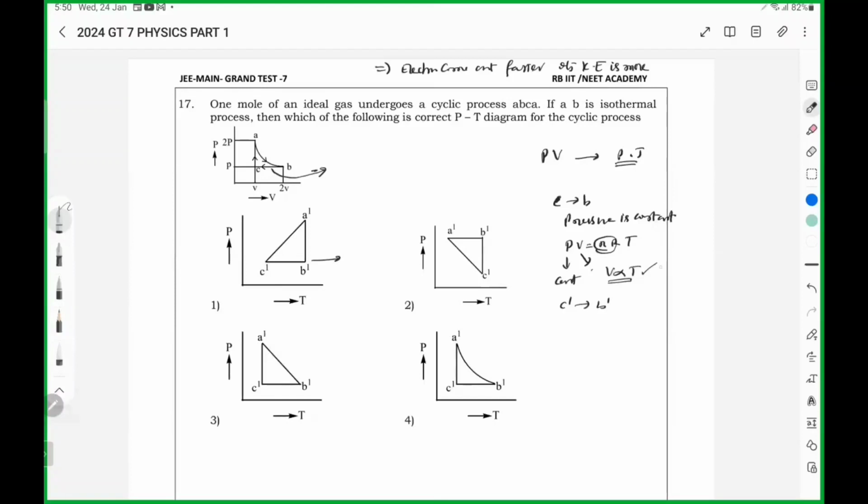So here the PV graph is given, right? We have to draw the PT graph. In the CB graph, volume is increasing. In C to B, volume increases, keeping pressure constant.